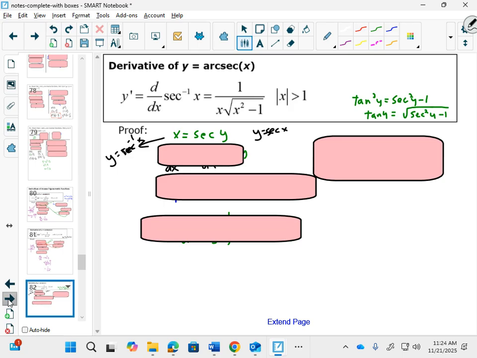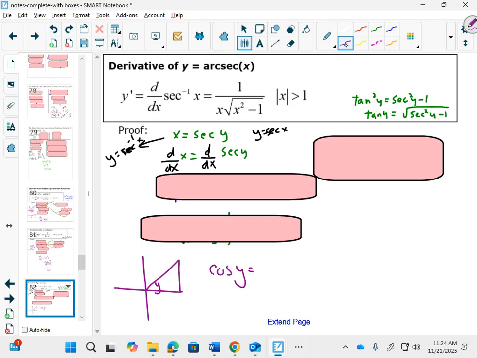So again, we do implicit differentiation of this. How does the triangle work here? If my angle is y and secant y equals x, that would mean cos y equals the reciprocal, right? 1 over x.